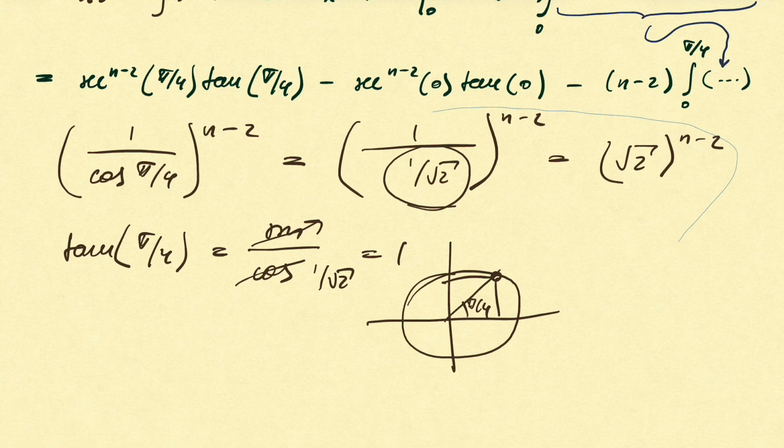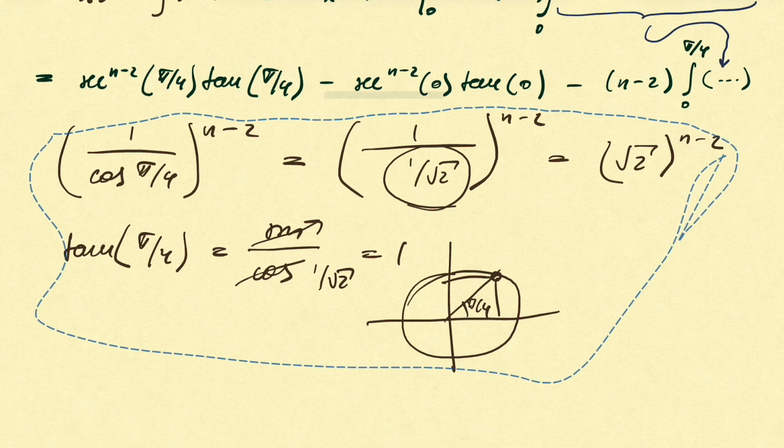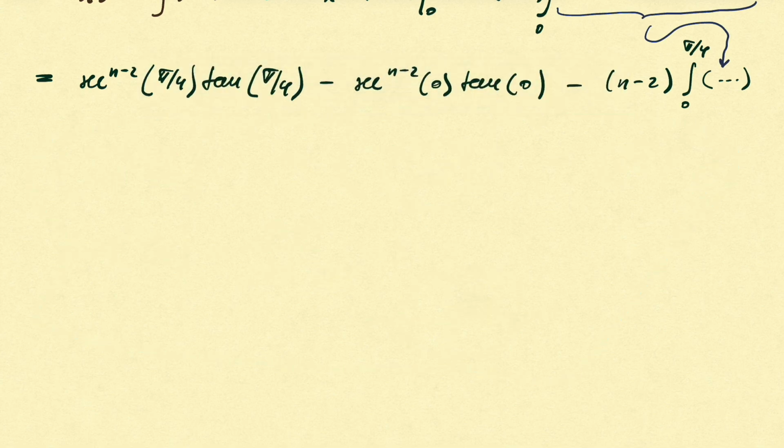Okay, we have finished with the first part of our expression. Remember, we had here square root of 2 to the power of n minus 2, multiplied by 1, I don't write this, minus secant to the n minus 2 of 0.